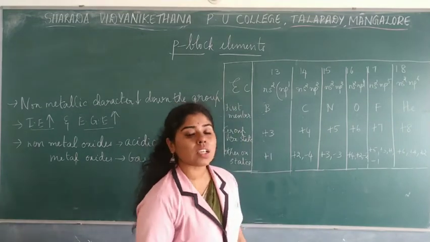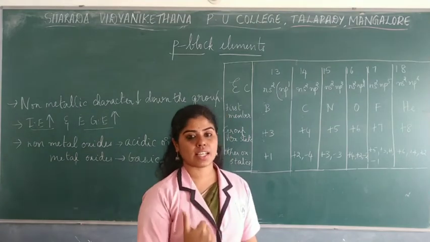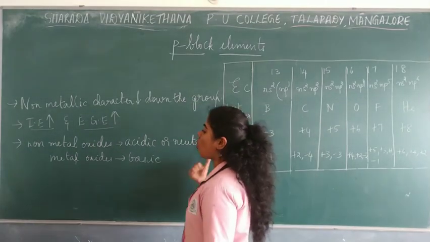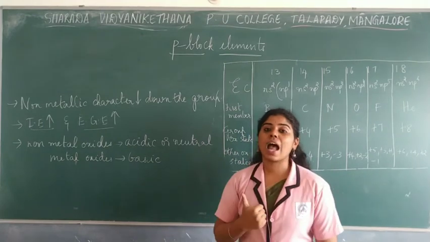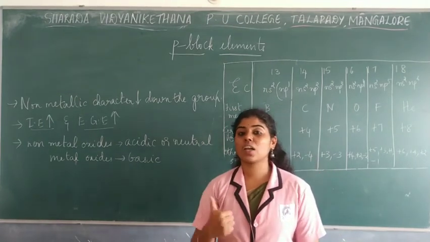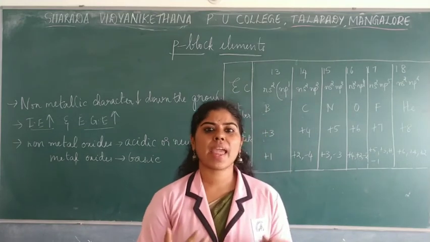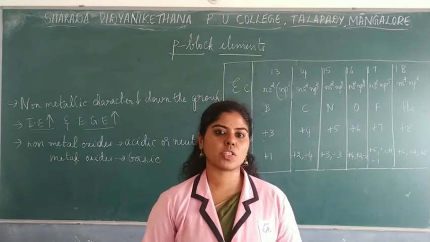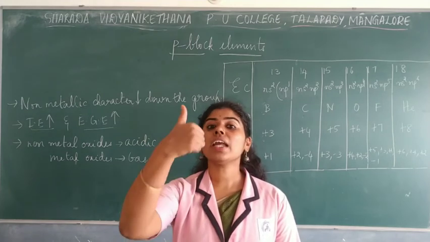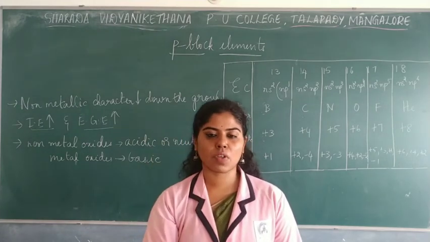That is mainly due to the smaller size. Due to their smaller size, they would have different properties, such as slightly covalent nature, which you have studied already, or some exceptional properties compared to the elements in their own group.